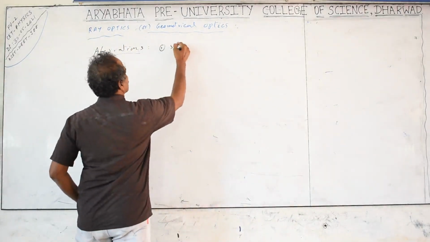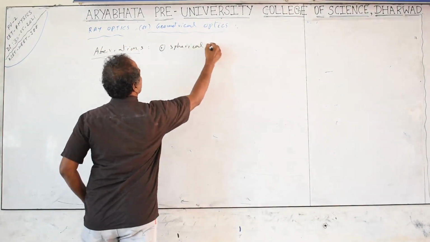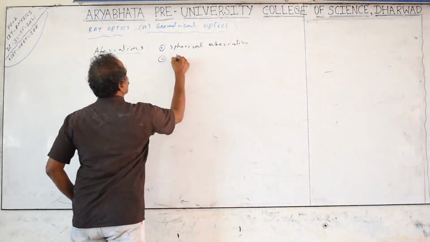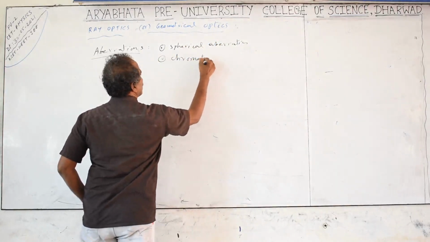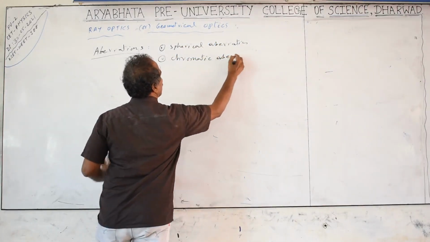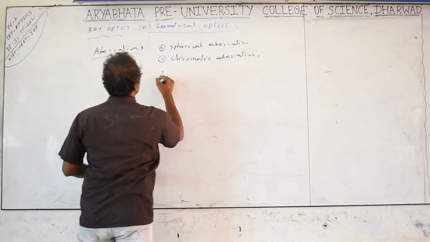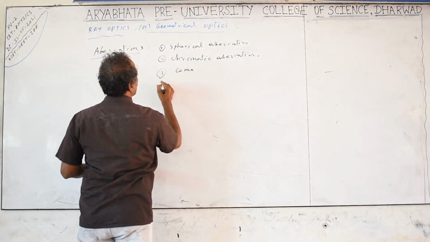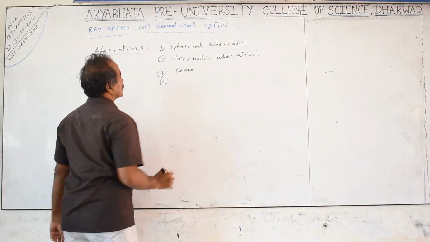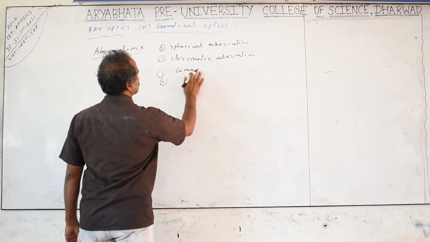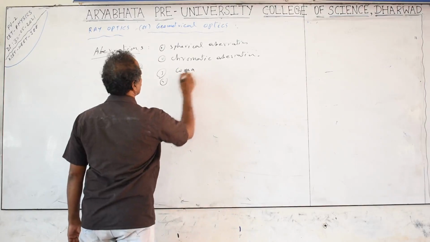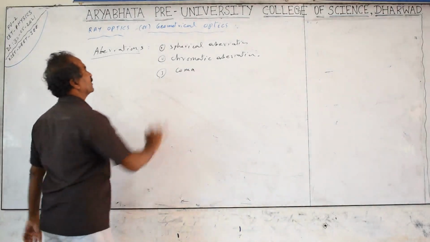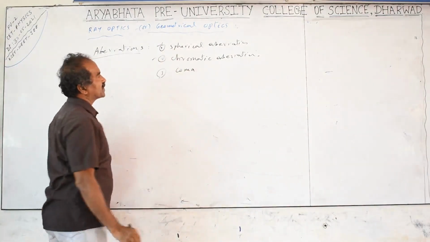One is spherical aberration, and chromatic aberration, and another is called coma. Other aberrations are not important, only these three we are going to discuss. In your syllabus only two are there, spherical aberration and chromatic aberration.